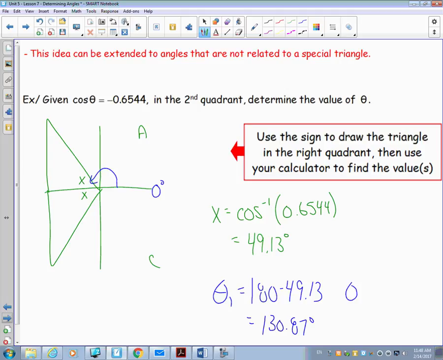And theta number 2 is 180 plus 49.13, or 229.13 degrees. Right? I can apply these ideas to things that don't involve special triangles. I can use CAST to tell me where to draw it. I have to ignore the sign when I use my calculator because my calculator doesn't want to do the sign stuff. And the fact is, it only gives you one of your two answers, right?